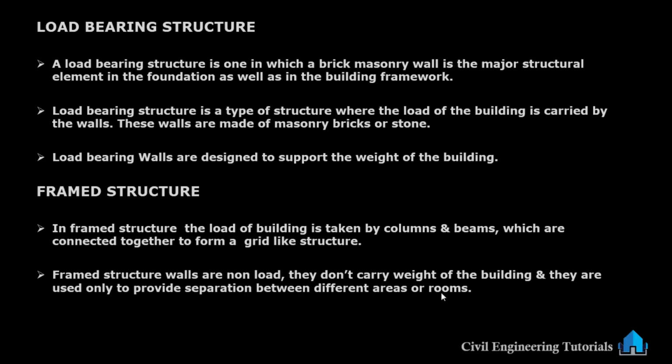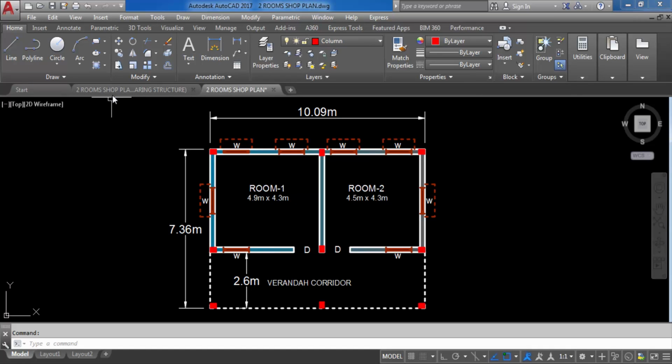So, in a framed structure, all loads of the building are taken by beams, columns and foundation, and the walls are used as partition walls because they are not taking any loads. So this is the difference between load bearing and framed structure.